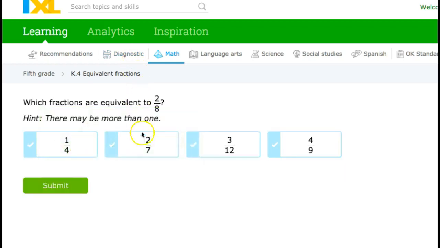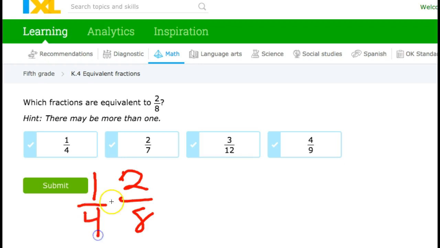All right, let's look at 2/8. First thing I'm going to do is reduce it. 2 can be divided by 2. 2 divided by 2 is 1. 8 divided by 2 is 4. There you go. So 1/4, 2/8.